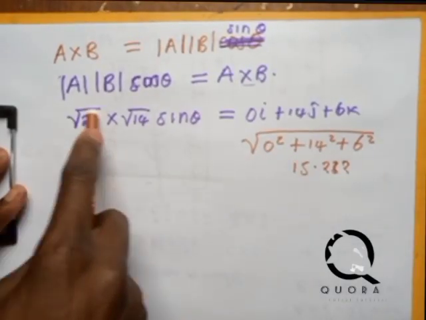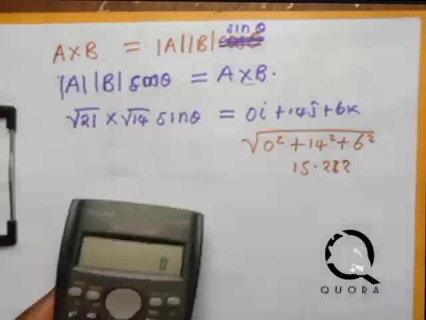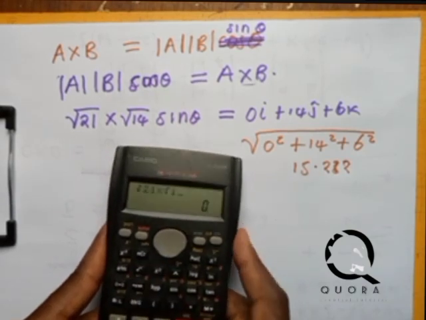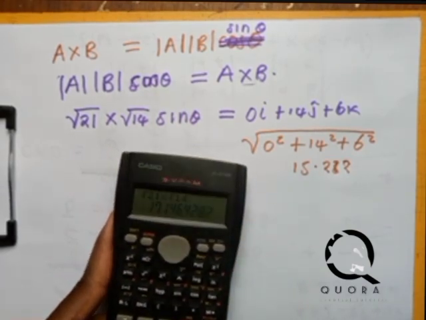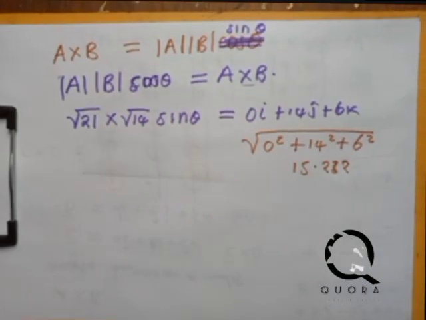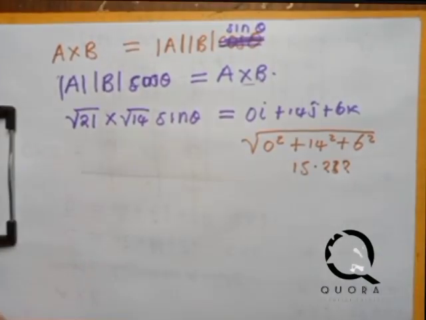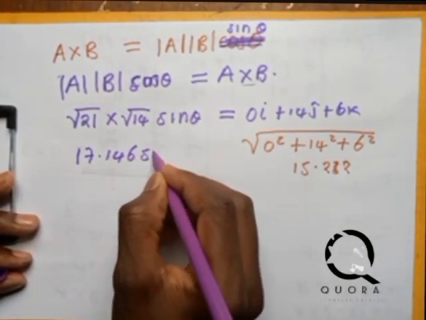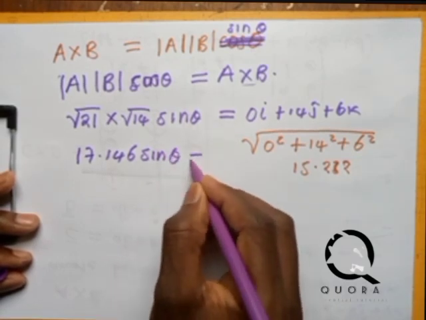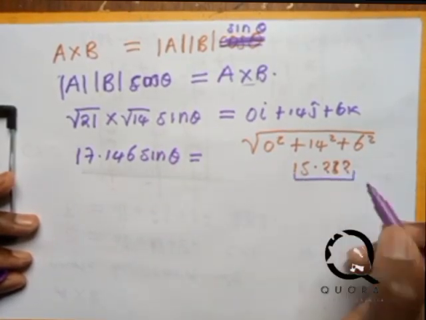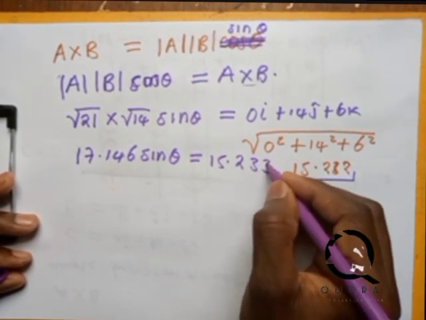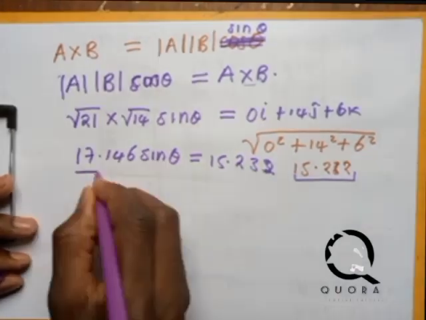What answer did we get on this given part after multiplying the root of 21 by the square root of 14? I think we got 17.146. So I'll say 17.146 sine theta has to be equal to 15.232. You divide.